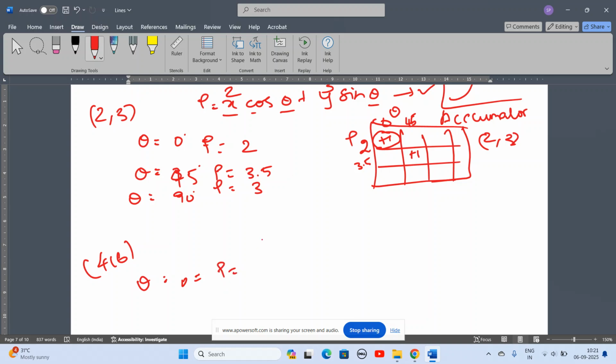I'm going to take the rho value as 4, just an assumption, and theta equal to 45 degrees, which means the rho would be 6, or theta equal to 90 degrees, the rho again may produce 3, just an assumed value. So here theta 0 and rho 4 gets some other value that is not equivalent to 2, so it gets plus 1 vote.